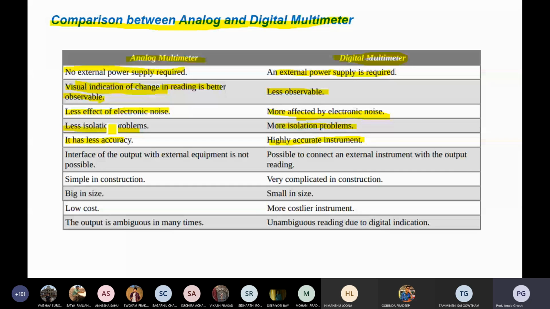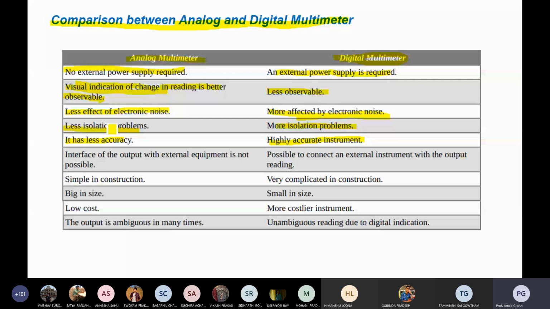If the ground is the same, then what happens? Any kind of fault occurring in your power line is directly reflected to your control circuit or measuring circuit. That may cause damage to your measuring instruments, because that power line may be in a transmission section or not, in all such cases.